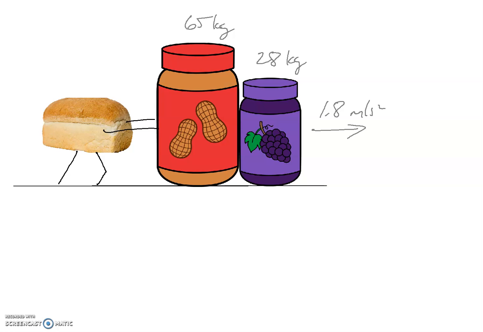Now, to keep this nice and simple, we will say that there is no friction right now whatsoever, so there's no friction to worry about. So what is the applied force from the bread? Well, if there's no friction, there's only him trying to speed things up, and nothing slowing it down. So his applied force would also be the net force because there's nothing else going on.